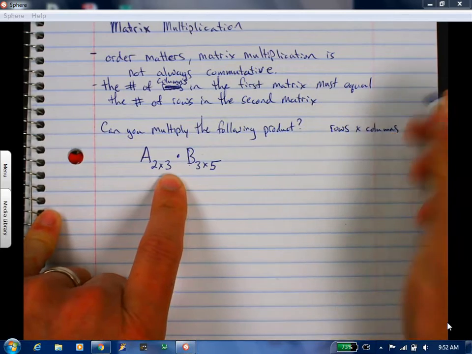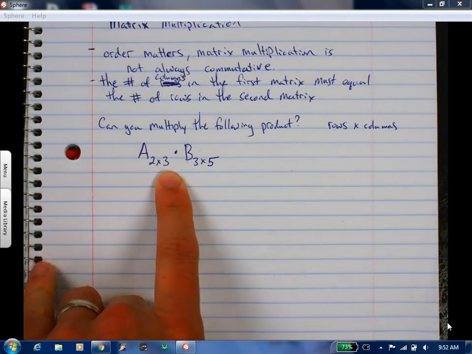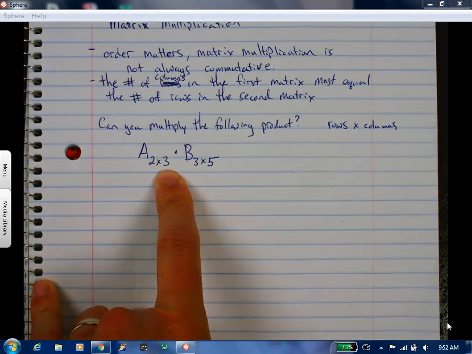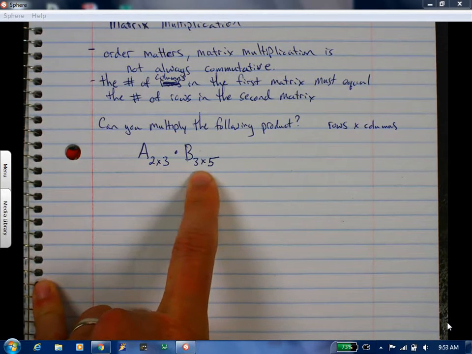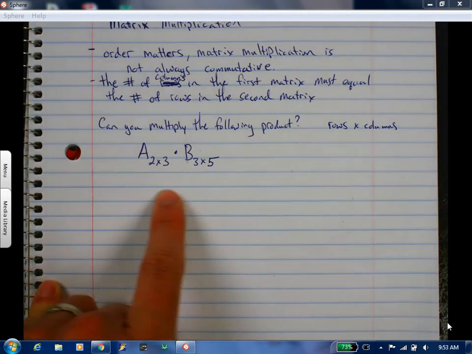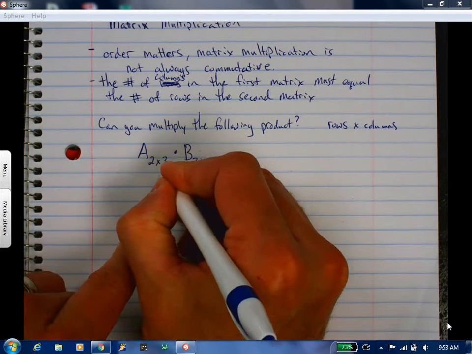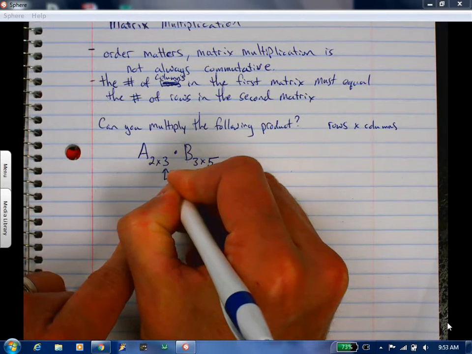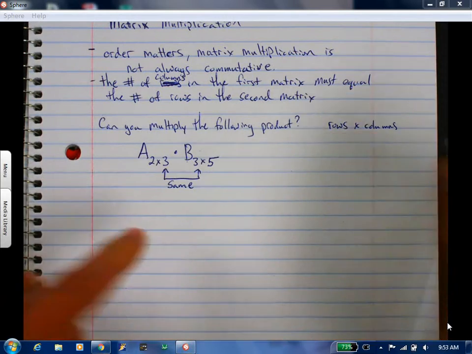So matrix A has how many columns? 3. Everyone okay with that? Matrix B has how many rows? 3. So you see, we call these the inside dimensions. Okay? So what your checkpoint is, these have to be the same. So the inside numbers have to be the same.